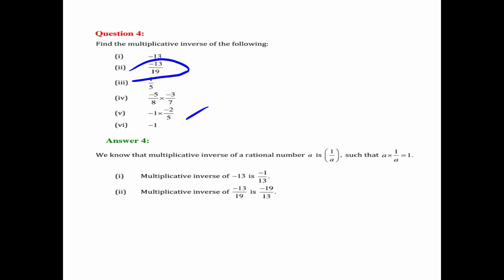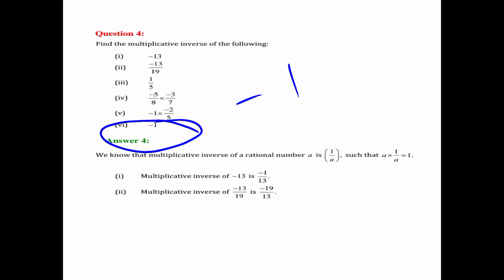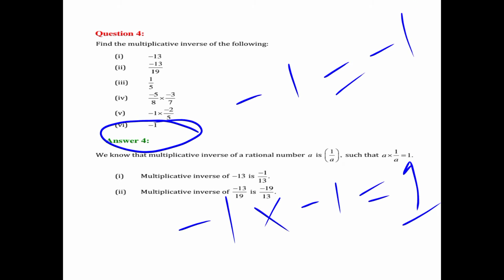Similarly, I can solve this part for you. Reciprocal of minus 1 will be again minus 1, because minus 1 when multiplied with minus 1 gives 1 as the answer.